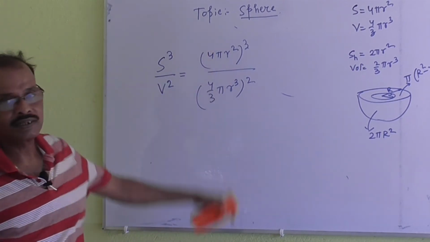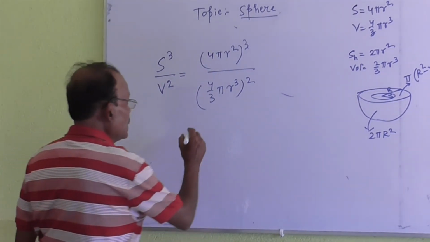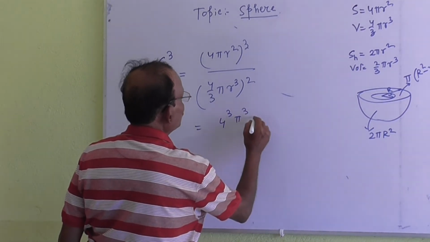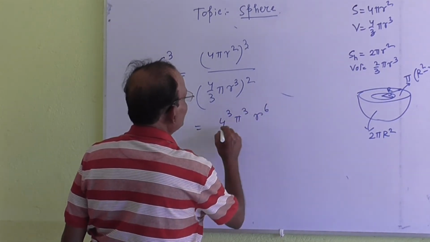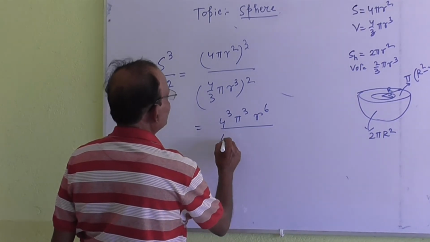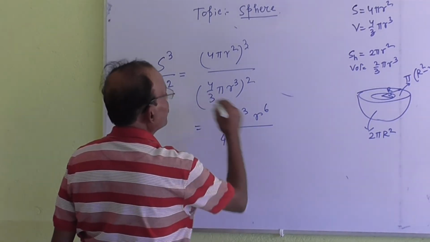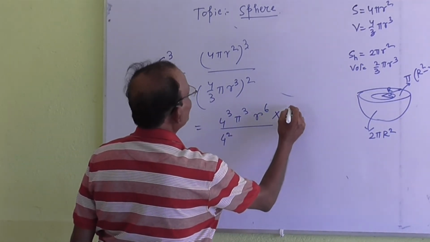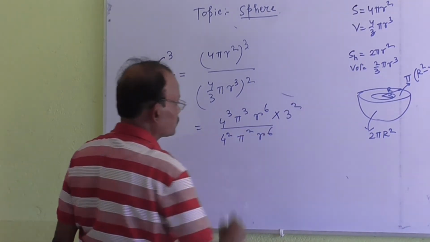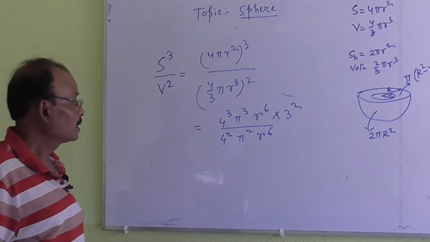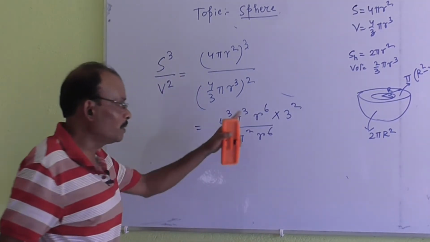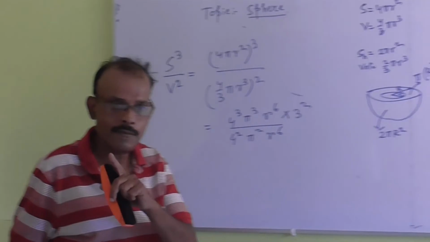If we calculate, we get 4 cube pi cube r to the power 6 by 4 square into 3 square pi square r to the power 6. Clear? So, here r to the power 6 and r to the power 6 be same.